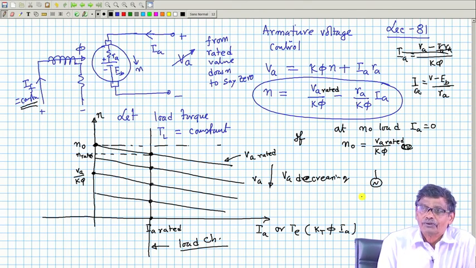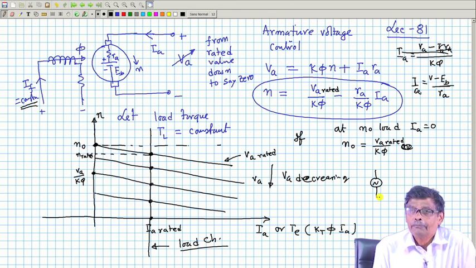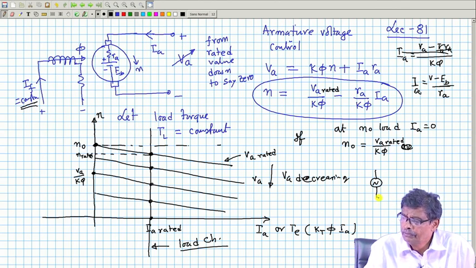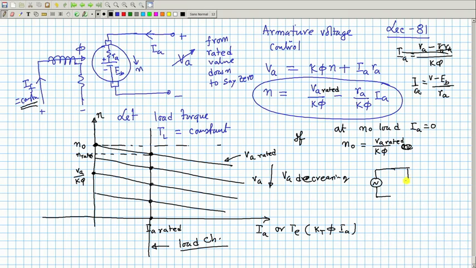This armature control, what you do, your AC supply is there, because I told you DC generation is also not there. So, what you will be doing? AC supply is there, use a rectifier block, controlled rectifier block, and get variable DC here.